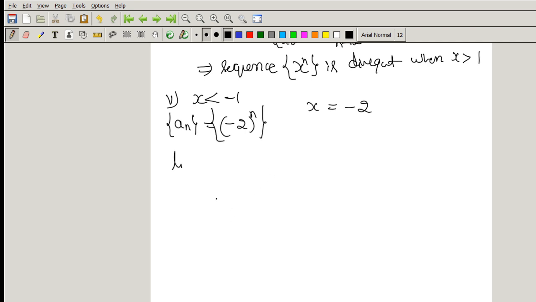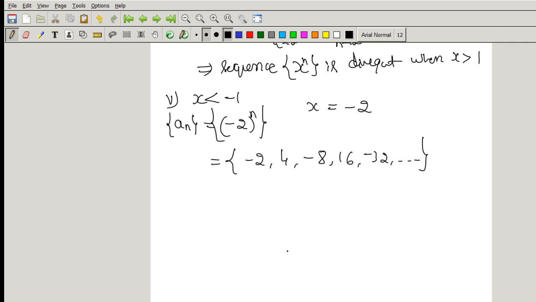Let me write this in the form of sequence terms. We will have minus 2, 4, minus 8, 16, minus 32, and so on. Minus 2 square is 4, minus 2 cube is minus 8.